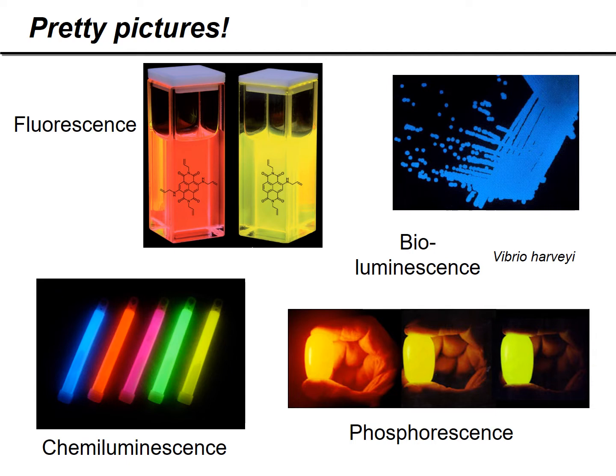And the bioluminescence example is some little bacteria. So that's actually an agar plate up there in the top right. And some bacteria have been cultured on that plate, and they are actually generating light as they go about their sort of required metabolic processes. So they've actually got an enzyme in them called luciferase, which, when it does what it does, actually leads to emission of light. So that's bioluminescence.